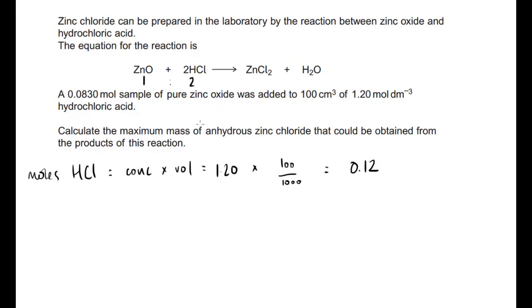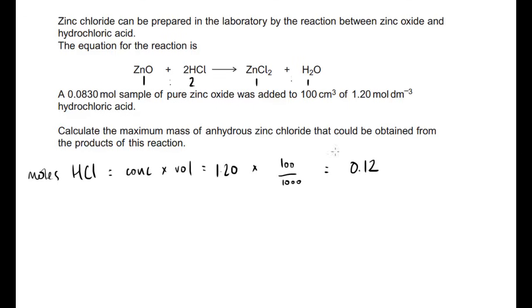The reason for that being that, as I say, this has the lesser amount, because there's 0.12 which would react with 0.06. Therefore, the moles of this that's going to be produced is going to be half of this, because the ratio is 1 to 2 to 1 to 1.